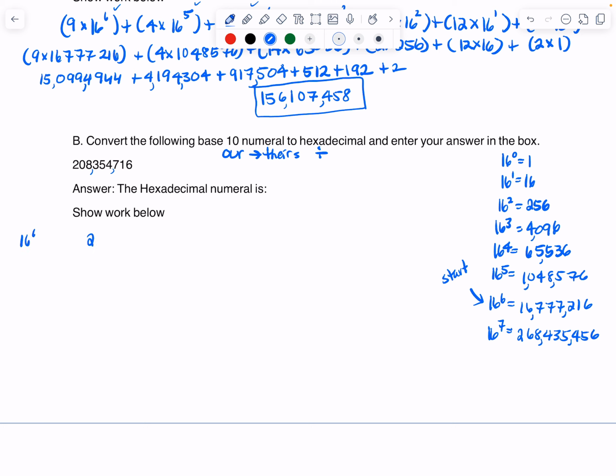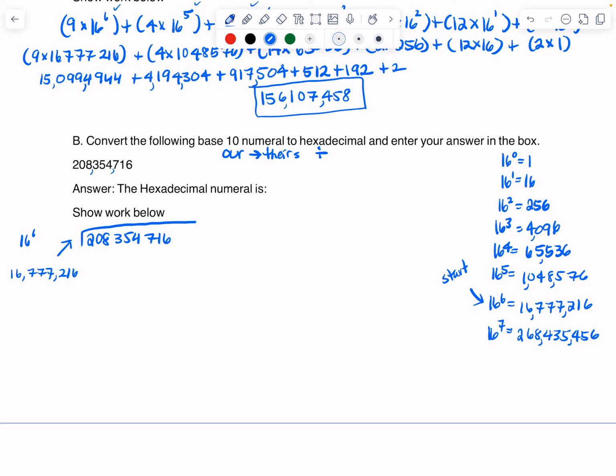So I'm taking 208,354,716, and I'm dividing that by 16 to the 6th, which is, and I'm just going to put a little note because I didn't leave enough room, 16,777,216.